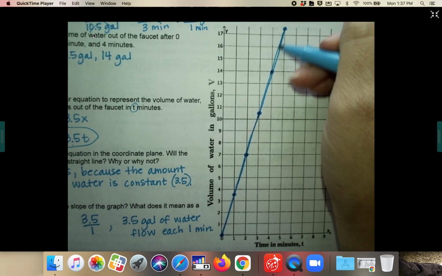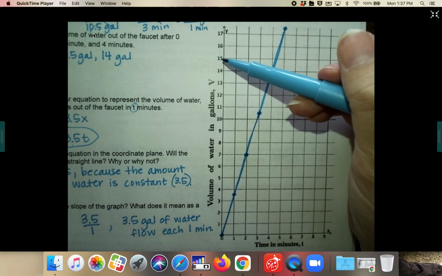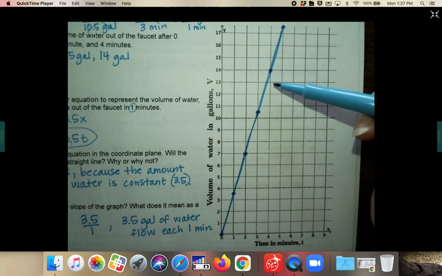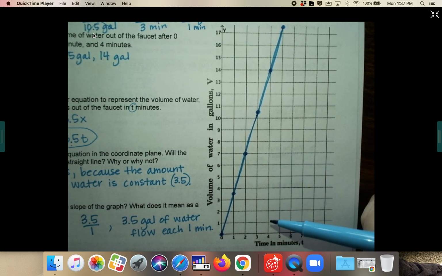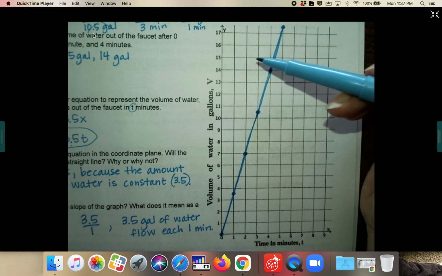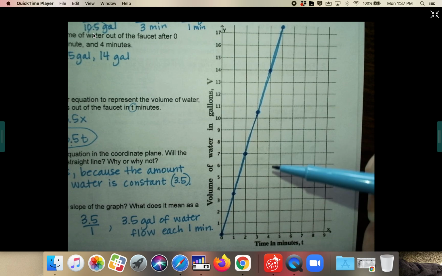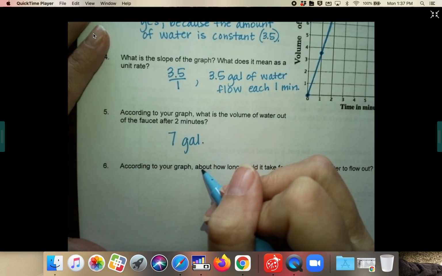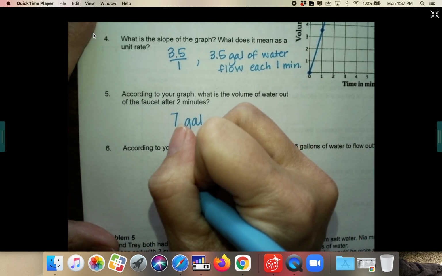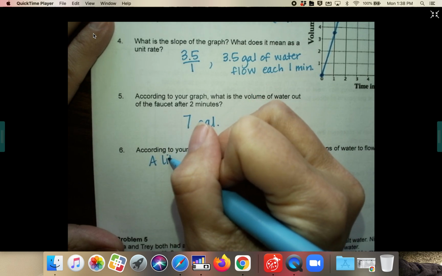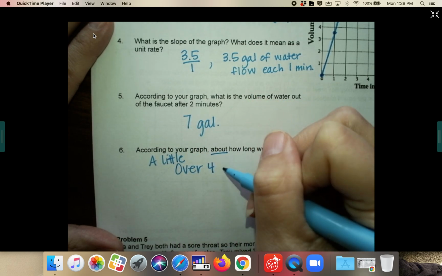So if it's saying 15 gallons, I'm going to go up here to 15 gallons, straight out, and that's not going to be at a specific number. I'm going to guesstimate it's going to be a little more than 4 minutes, because if I go straight up there, that's where it hits at 15. 15 gallons, a little bit over 4 minutes.